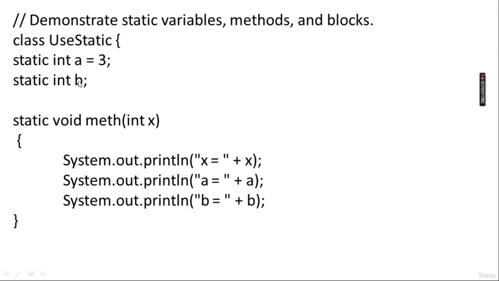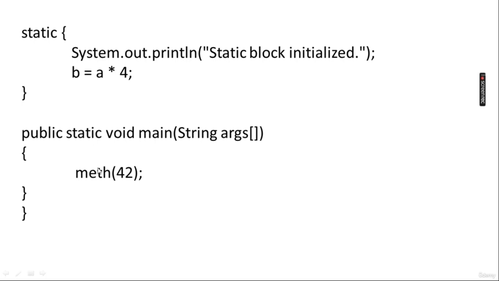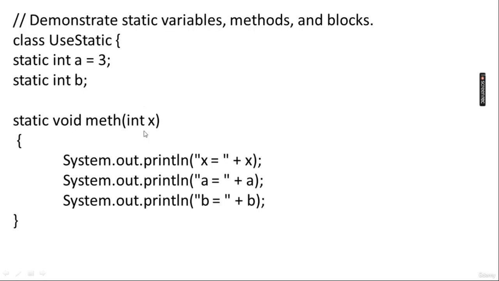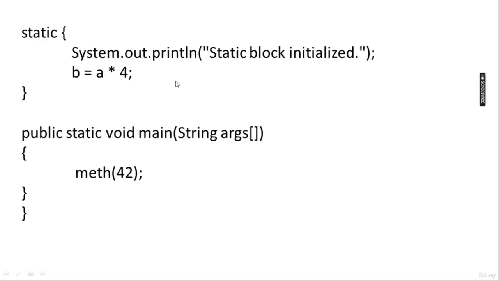A is equal to 3, static int B, and X is passed as a parameter to the method. So I am passing 42. X will be initialized to 42, A will be initialized to 3, and B is equal to A into 4. So it will be 3 into 4, that is 12.